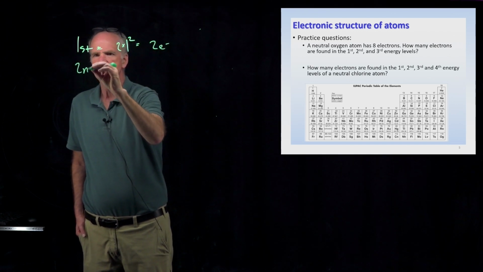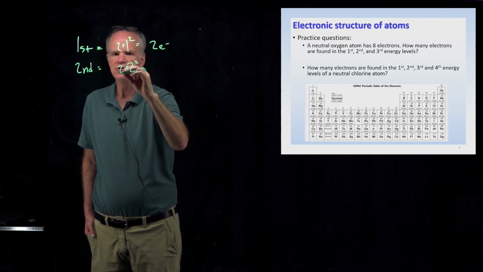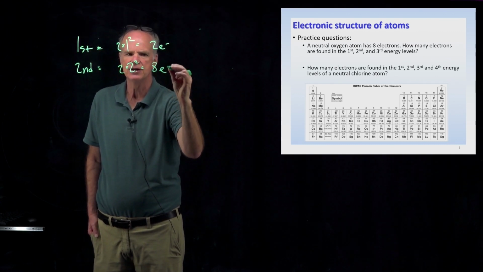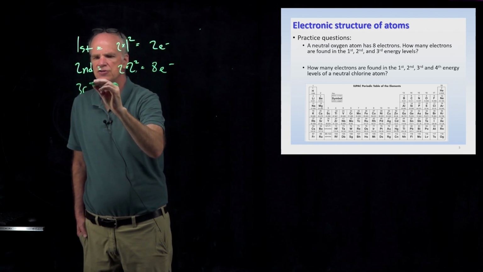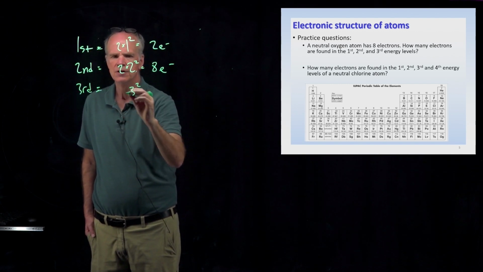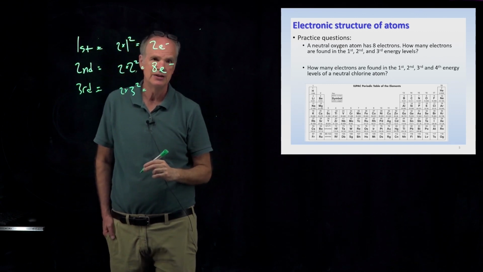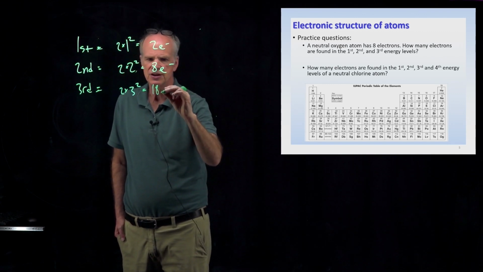The second energy level is going to be 2 squared times 2, which is a total of 8 electrons. And in the third energy level, it's going to be 3 squared times 2. 3 squared is 9. 9 times 2 is 18 electrons.